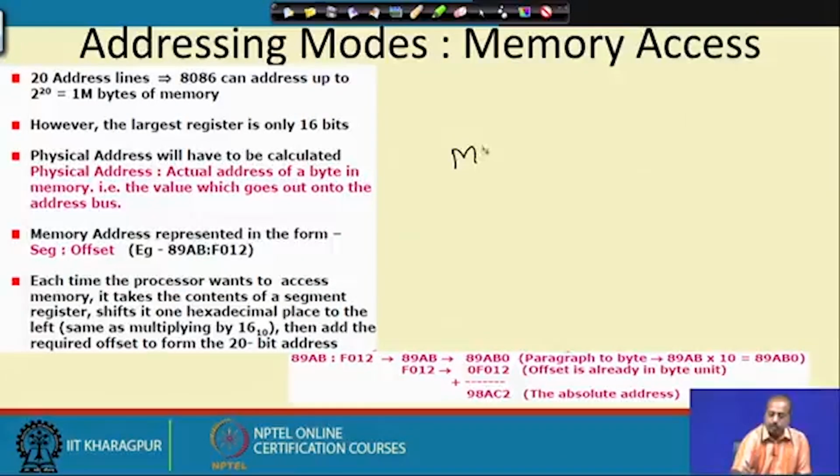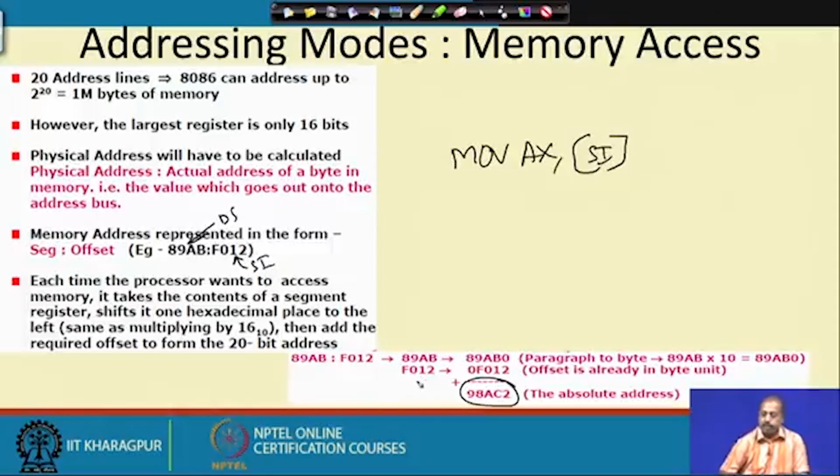Then when you write MOV AX, within brackets SI, we assume that this 89AB is in the DS register and this is in the SI register. This is what will happen internally, and then the address that will be put on the address bus is 98AC2 hex. That way the operation takes place.